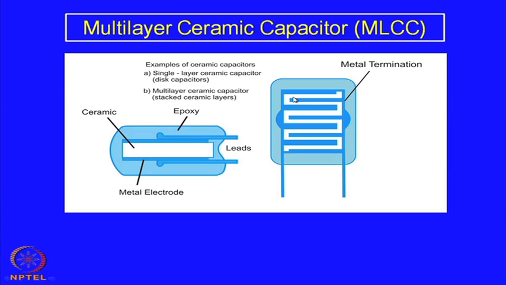So, each individual layer is electrically parallelly connected. If you look properly, you will find they are parallelly connected. So, there is an additive effect. Whenever capacitances are added in parallel, there is an additive effect. So, each of these capacitances is added parallelly, and therefore, within the same volume you have a much larger capacitance compared to this kind of a design.